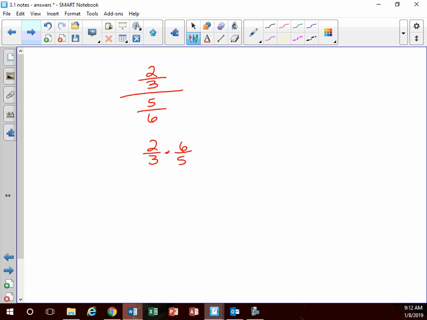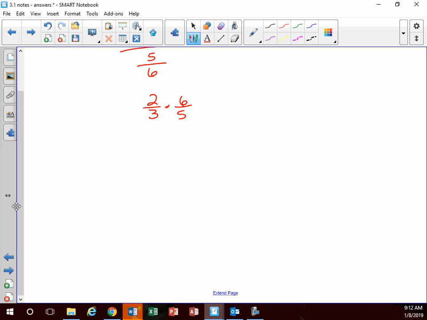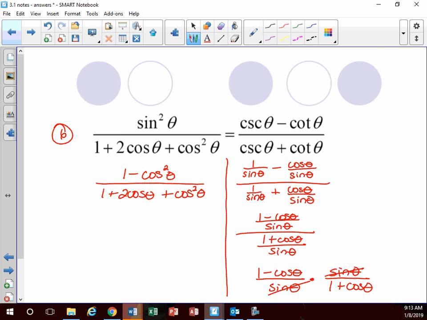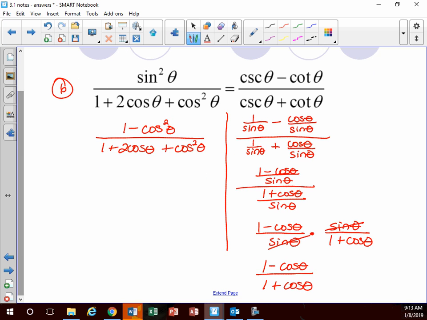Let's think back to algebra. If I had x squared minus 9, what does that factor into? It's x minus 3 times x plus 3. Vaguely familiar? So 1 minus cosine squared, what is that going to be? Yeah, 1 minus cosine times 1 plus cosine.